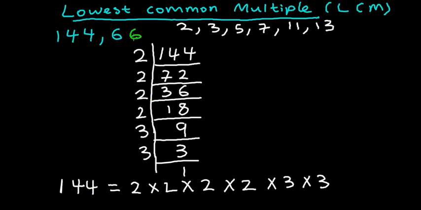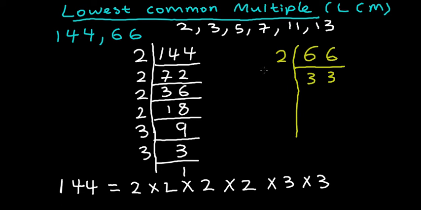Okay, so now let's do the prime factorization for 66 on this side. 66, remember you draw a line at the bottom. Let's divide by 2. 2 can go. 2 in 6, 3. 2 in 6, 3.